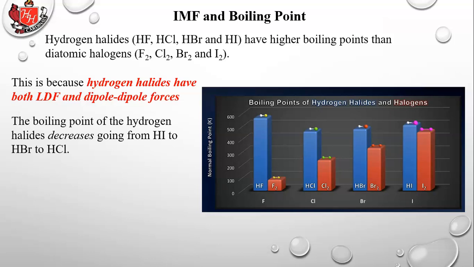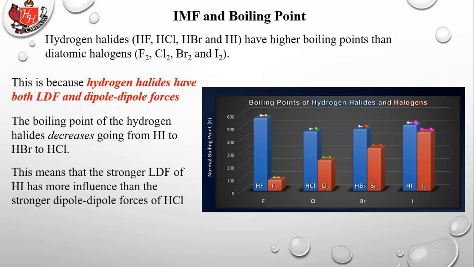So it just shows you that you can't just assume that dipole-dipole is always stronger than London dispersion. In this case, the London dispersion forces are dominating over the dipole-dipole and giving HI a higher boiling point. This means that the stronger London dispersion forces of HI have more influence than the stronger dipole-dipole forces of HCl.